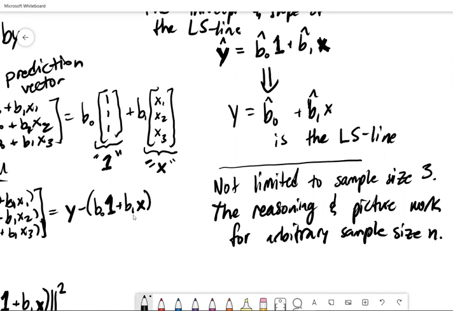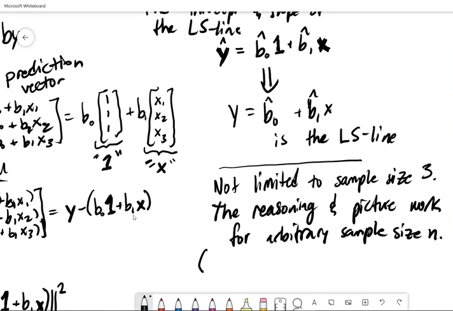Why can I say that? Here, y, 1 and x were vectors in R3, so I drew a little depiction of R3 and stuck some vectors in. There's nothing weird about that. But how do I draw vectors in Rn? You don't have enough dimensions; I don't think you can.